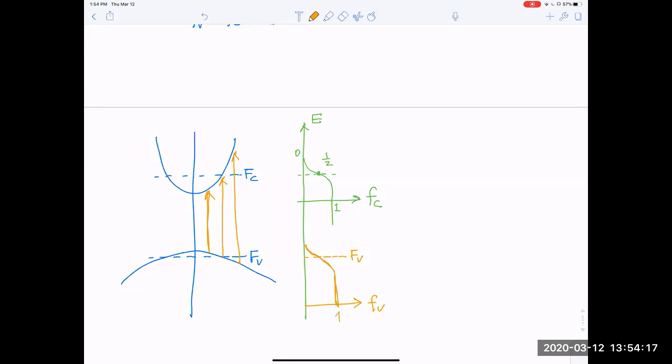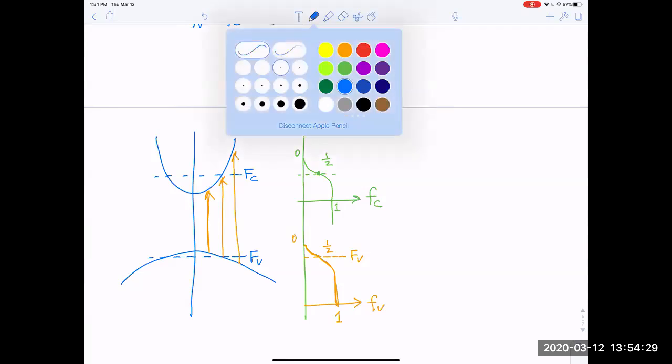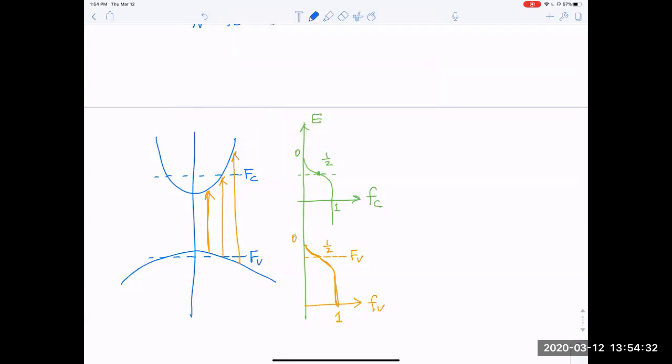It's also between 1 and 0, and in the middle is exactly 1/2. We will show in a little more detail next time, but I intentionally draw that when the electron energy is right at the Fermi level, the hole energy is also exactly at the Fermi energy. This is actually quite easy to prove under the effective mass approximation. We'll go over that next time. You're welcome to try to prove it yourself.